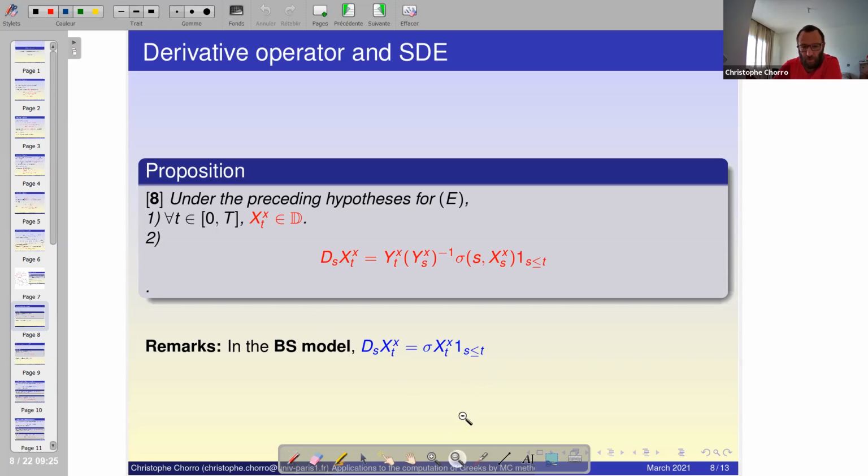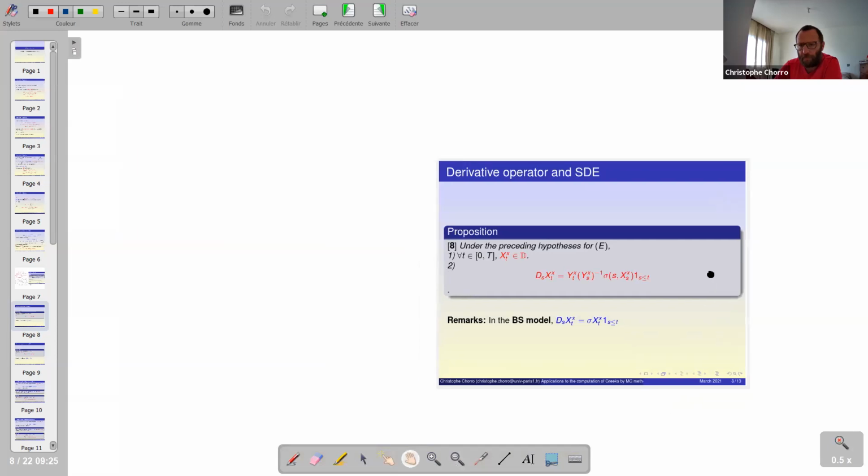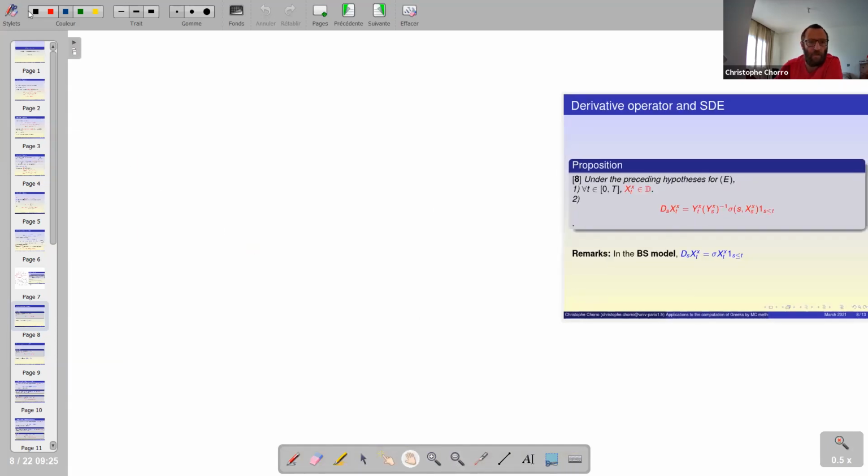So let's have a look at this result here. I have to prove two things. First, that I am in the domain, and then that I can compute the derivative in the Malliavin sense this way. So for point one, I will admit it today because it is a little bit technical.